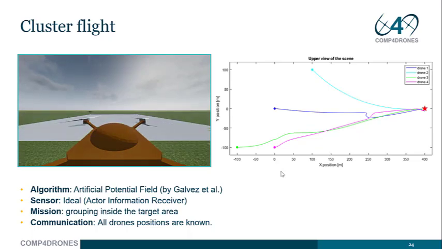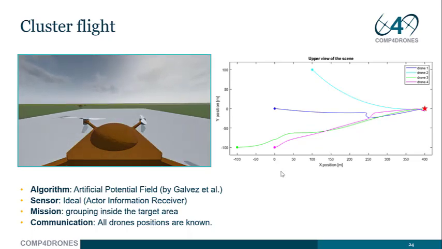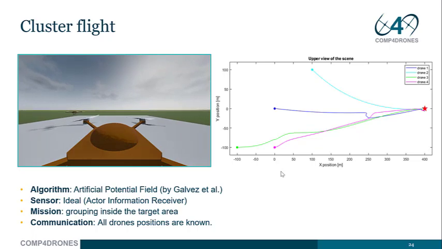Here we implemented a modified version of the artificial potential field. The sensors again that have been used were ideal, and we also made the assumption that all the drones' positions are known. So the drones communicate with each other, and they all know each other's position.